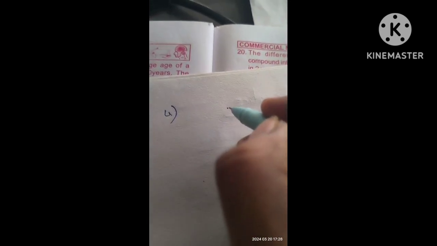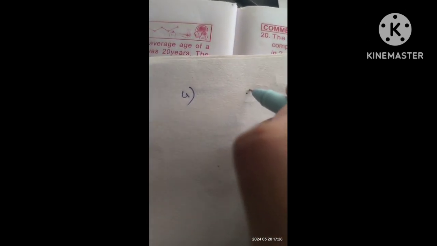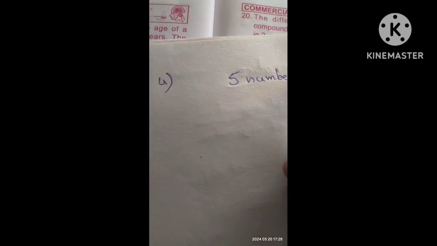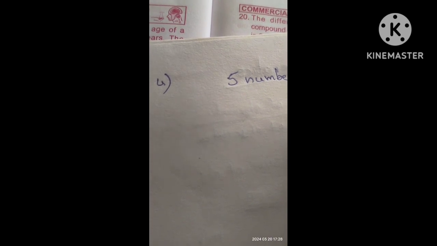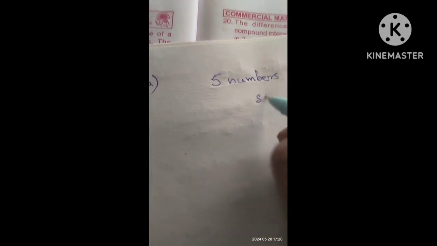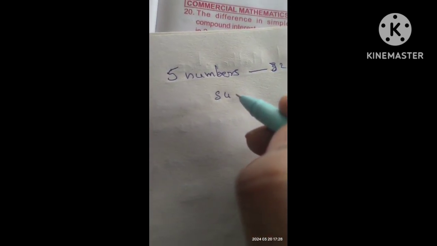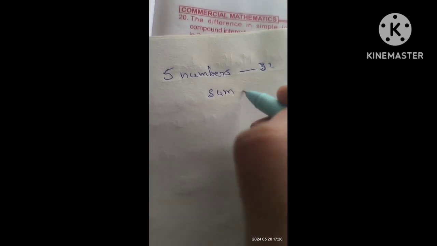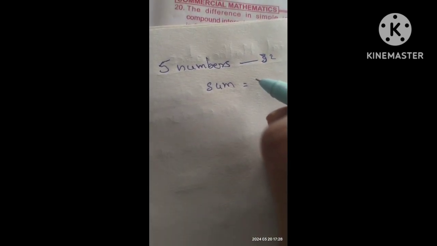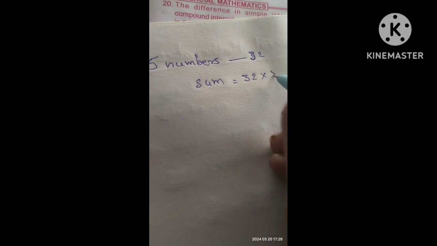So see that they said the average of 5 numbers is 32. So we can calculate their sum. We know that the formula for sum of the numbers is average into number of observations.